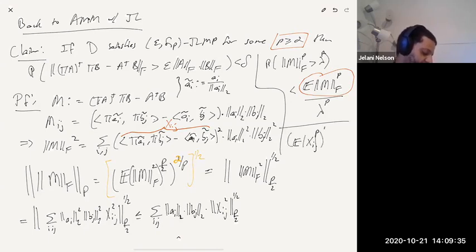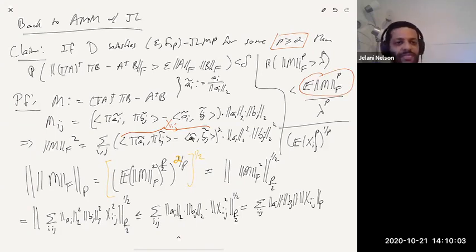So to the 1 over p. So this, xij squared in the p over 2 norm all raised to the 1/2, is again a really fancy way of saying the p norm. So this is just equal to the sum over all ij of the norm of ai times the norm of bj times the p norm of xij.